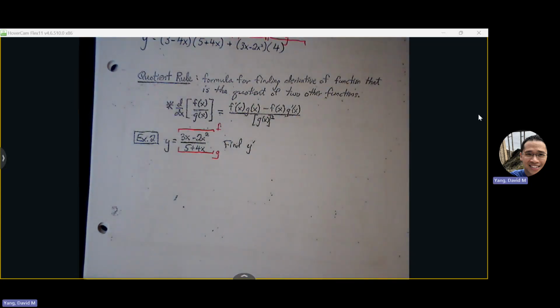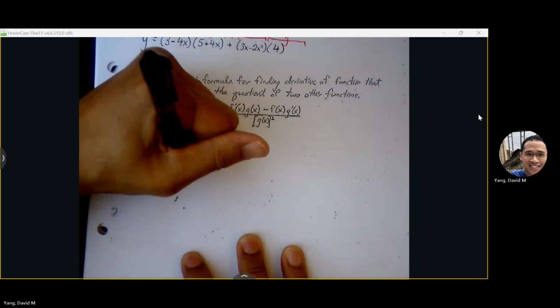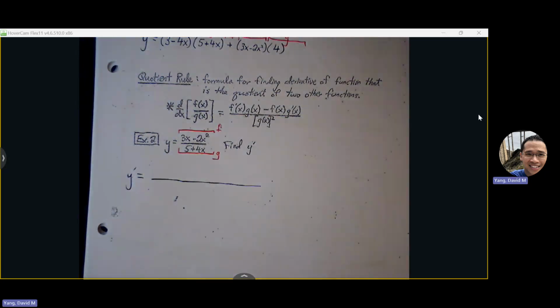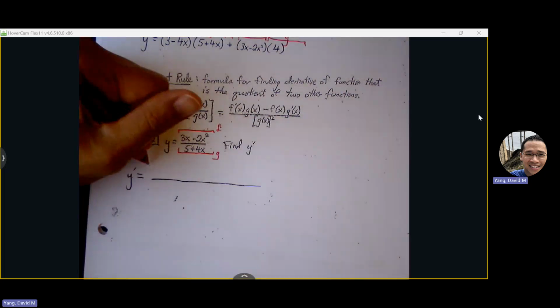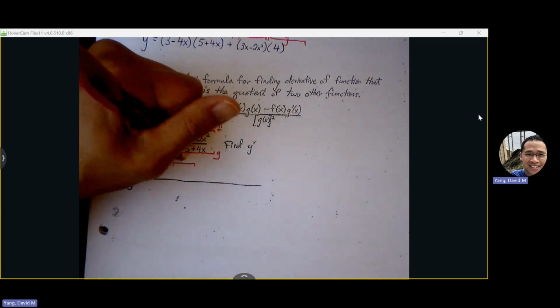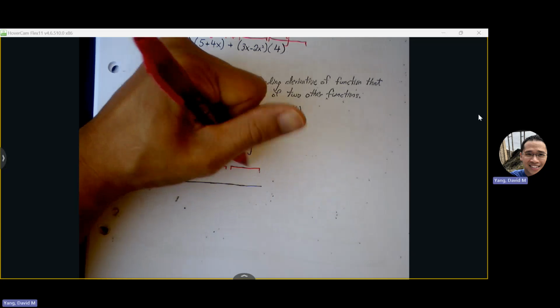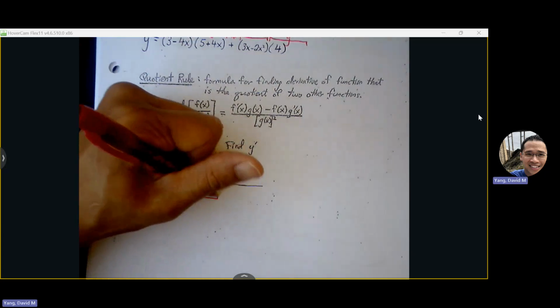So f prime g minus f g prime all over g squared. So I'm going to build out what I want to put in place before I actually do it. F prime times g minus f times g prime all over g squared.